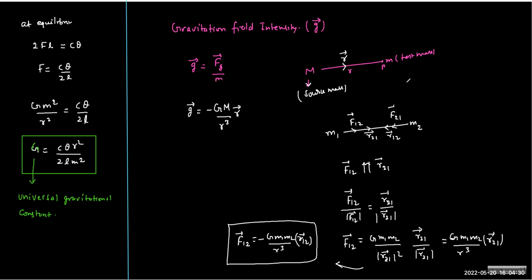Now the force on small m due to capital M will be towards this, correct? And R is the position vector of small m with respect to capital M, so you can think of it like 1 and 2. Can you see that clearly?